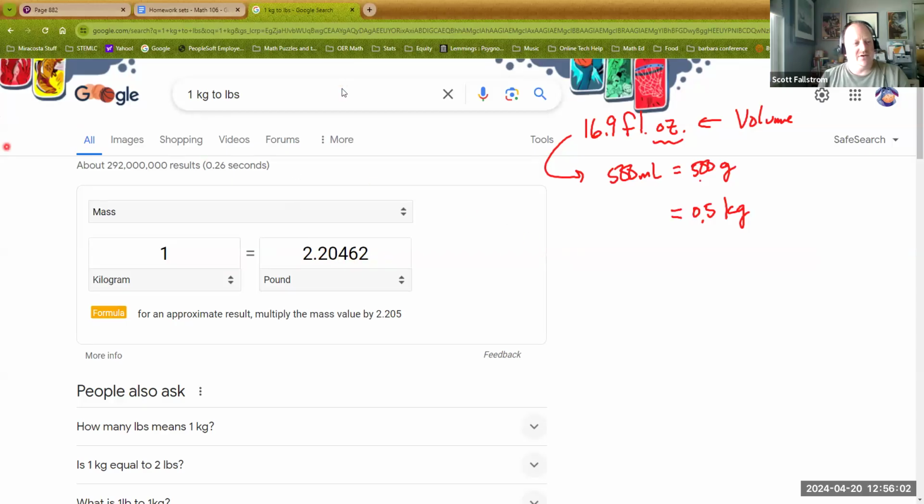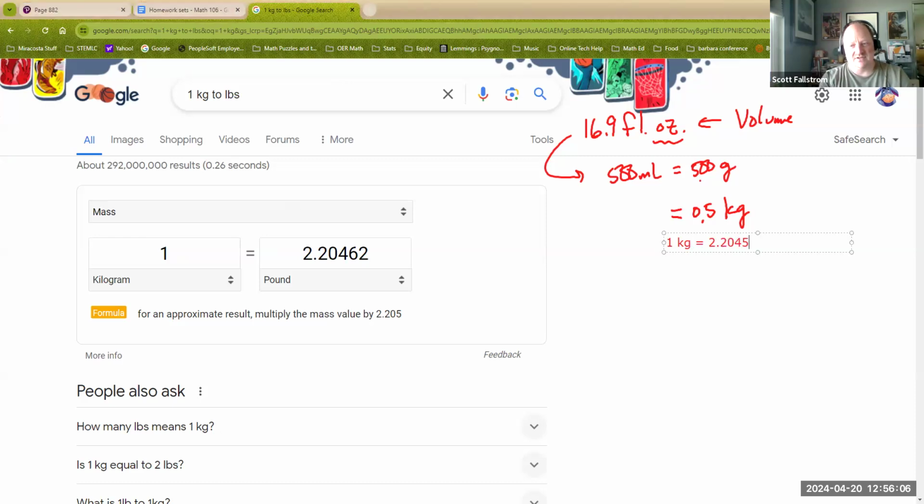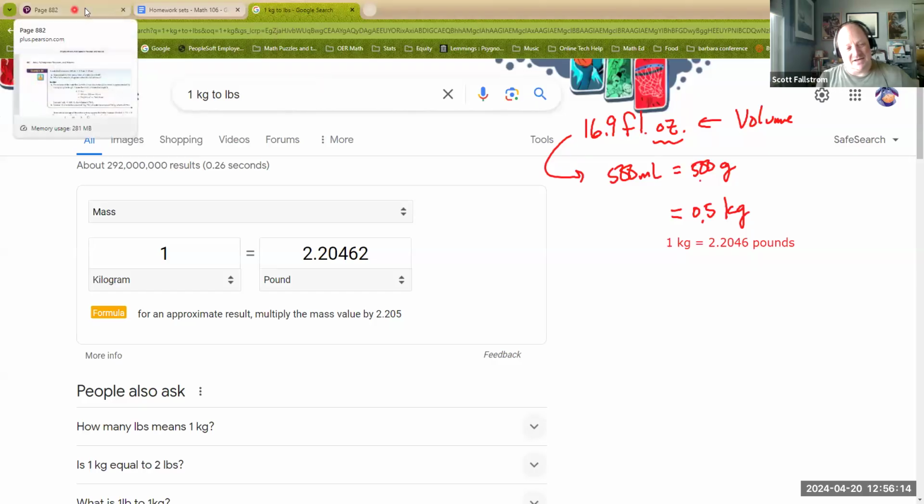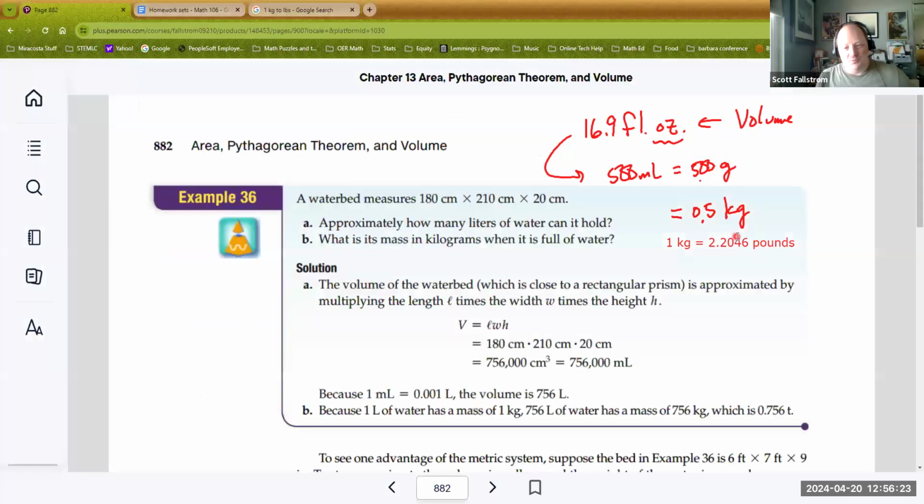So let me write that down over here. 1 kilogram equals 2.2046 pounds, approximately. We're rounding at this stage because it's not exact. So you sometimes will see 2.205, 2.2046. I'm going to use 2.2046. Again, I'll write that one on the test.